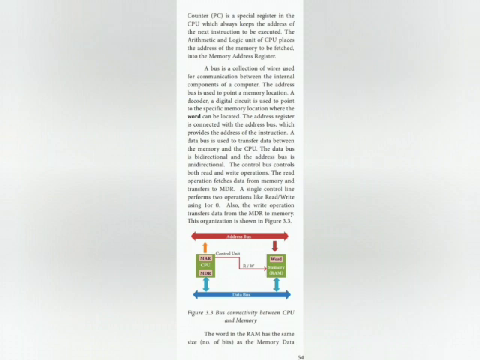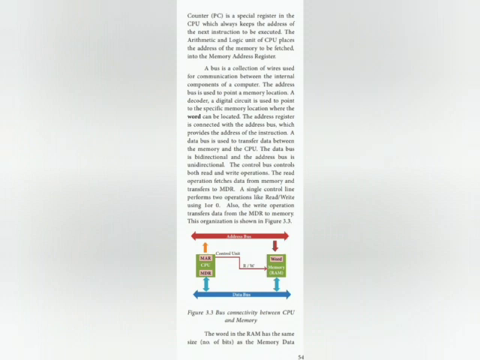A decoder, a digital circuit, is used to point to the specific memory location where the word can be located. The address register is connected with the address bus, which provides the address of the instruction. A data bus is used to transfer data between the memory and the CPU.